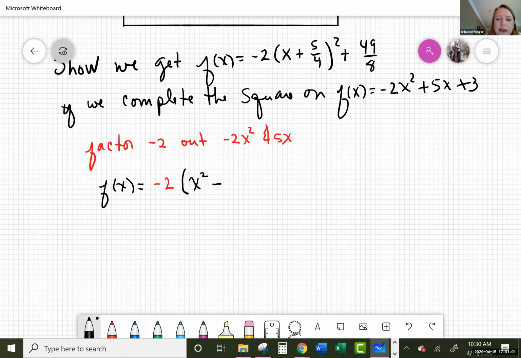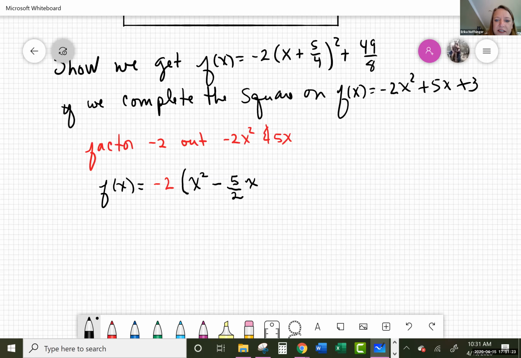So if I pulled out a -2, then I would be left with -5/2 x here. And you can check it, right? If I distribute -2 times this -5/2, the 2's would cancel. Negative and negative would make positive, and I would be left with 5x, which I wanted.